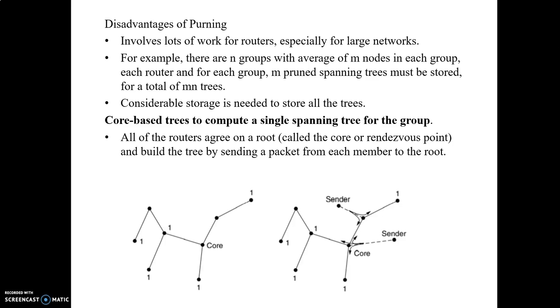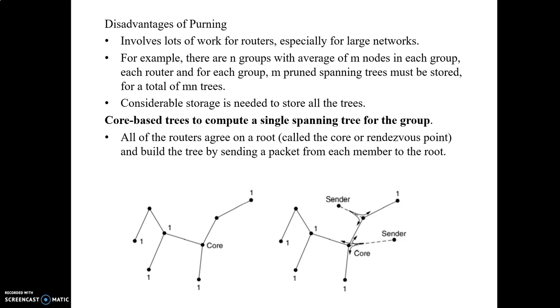This is overcome by core based trees, which is based on the concept of having one single tree, which is called a shared tree. And one more thing, if your network is sparse, that means you have very few participants, not that dense, you again go with core based trees.